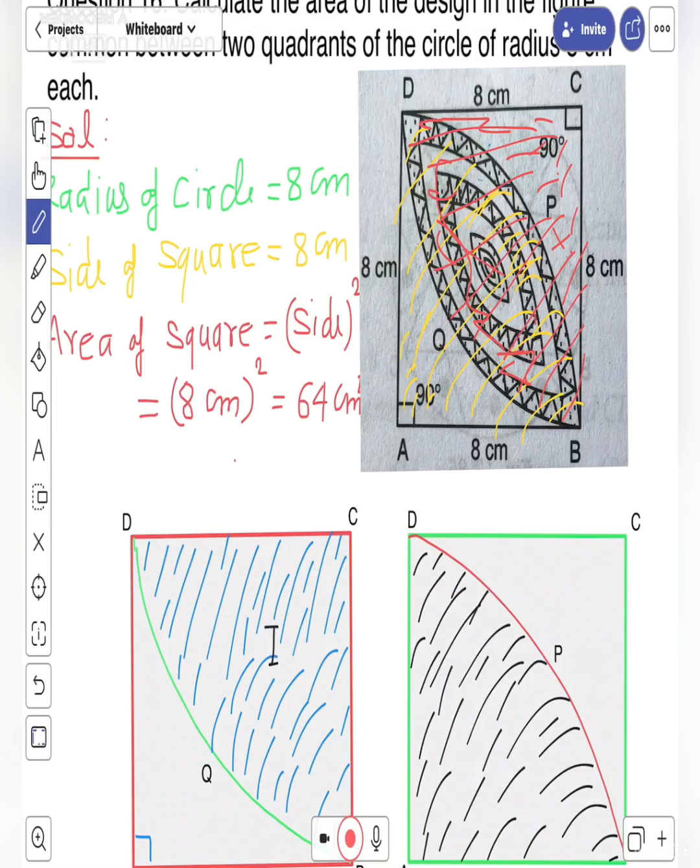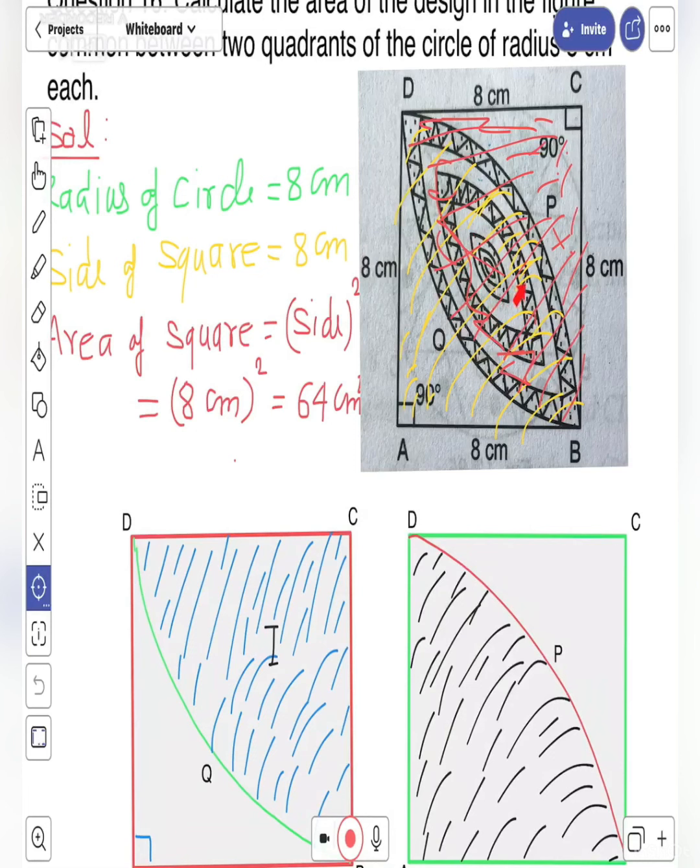So what to do to find the area of this design? Means when you find the area of the first quadrant, then this design is included. And when you find the area of the second quadrant, then this design is again included. It means when you add the area of two quadrants, then you will get this design 2 times.